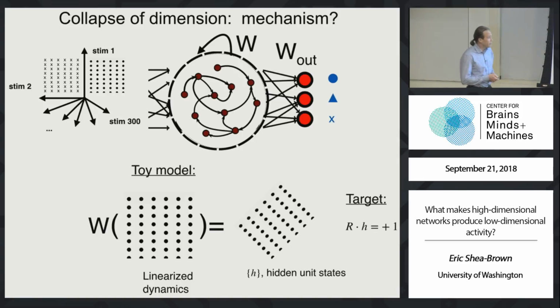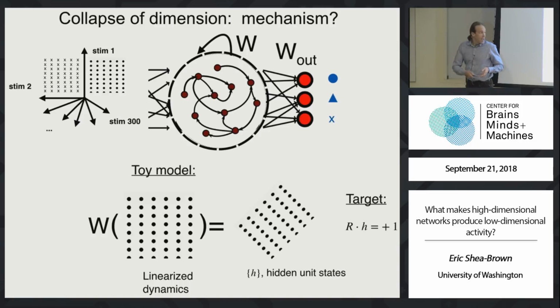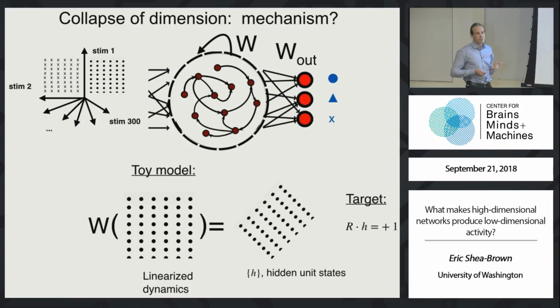And the objective, as in this classification, is that I'm going to take all of the hidden states corresponding to one of these particular categories, and read them out according to some readout vector R, and I'd better get the right number, +1, for example, for all of these inputs that are in category number 1.